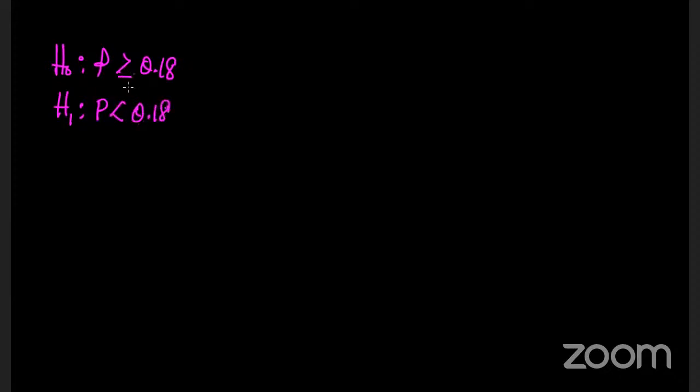Because it's less than, this can go far beyond 0.18 to the left. So you see that most of our values are tailored towards the left hand, for which a z-test for one population should be used.